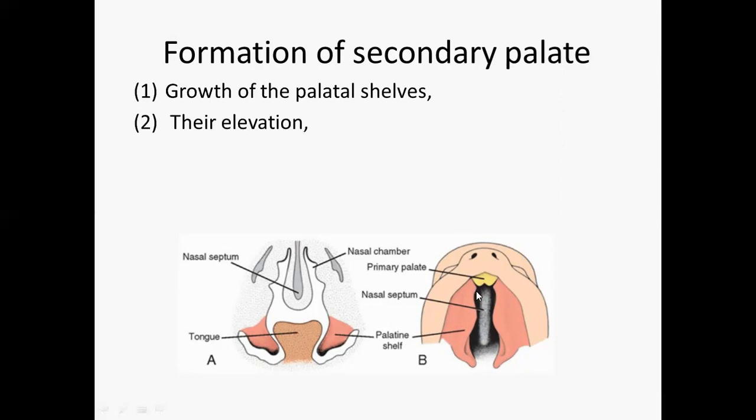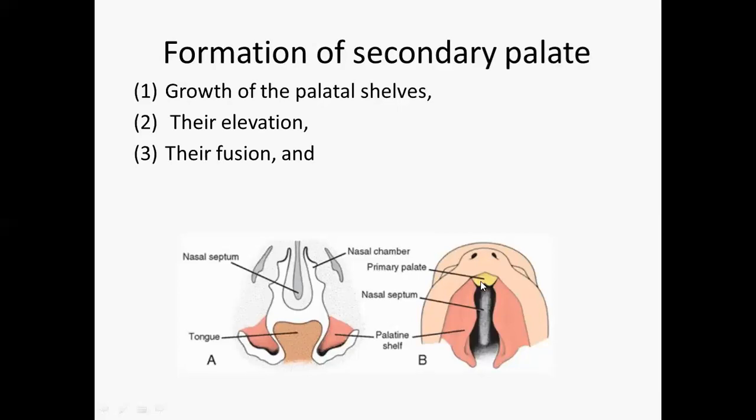Secondly, you can see there is elevation of these palatine shelves. Since here is the developing tongue, to provide space they elevate, becoming horizontal and parallel to this developing tongue. Similarly, with the development of the mandibular arch, this tongue will also descend downwards and migrate somewhat posteriorly.